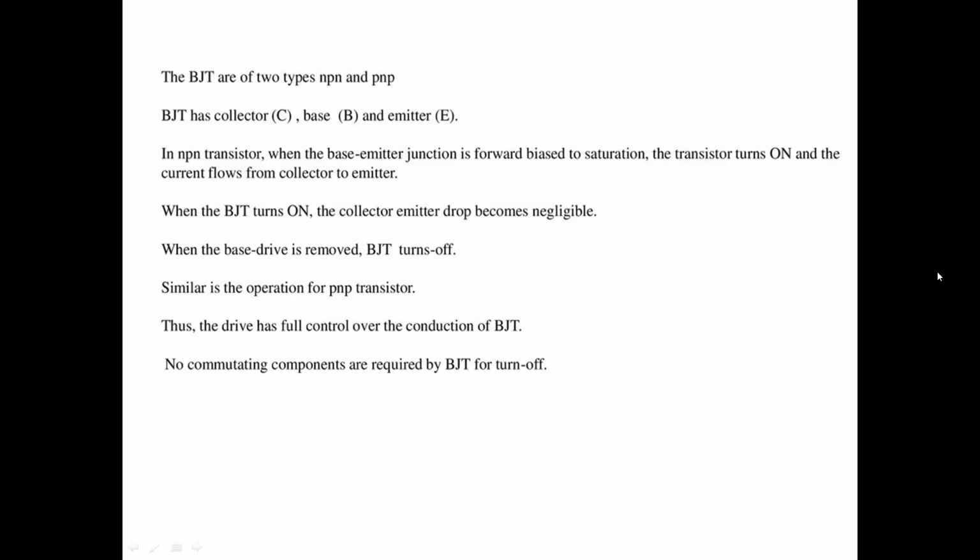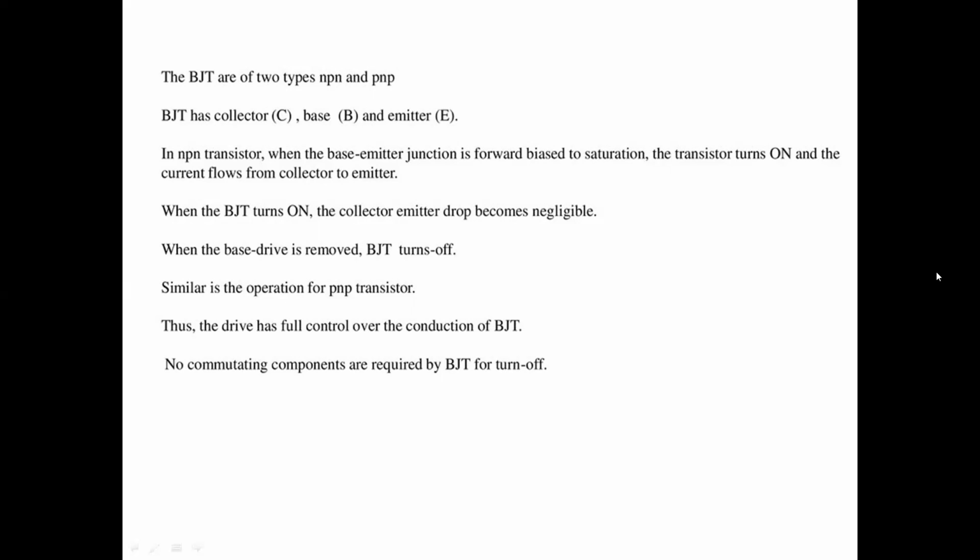There are two types of BJTs. One is PNP and another one is NPN. BJT has three terminals called collector, base, and emitter. In a PNP transistor, when the base emitter junction is forward biased to saturation, the transistor turns on and the current flows from collector to emitter. When the BJT turns on, the collector emitter drop becomes negligible.